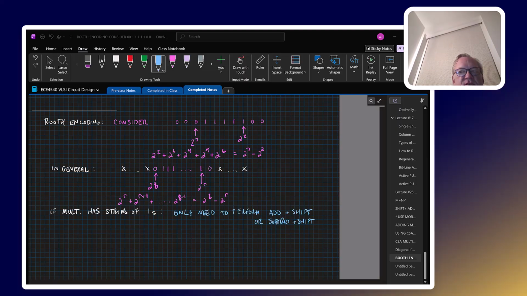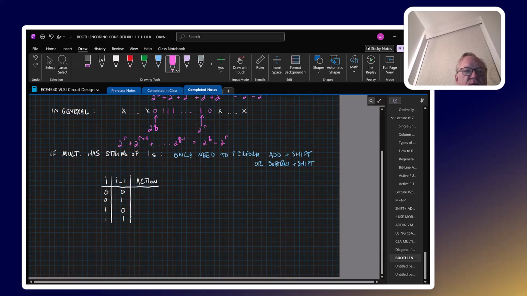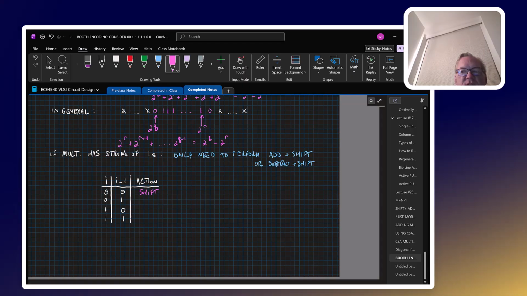And so that leads us to the Booth method, or the radix 2 method. What we're going to do is look at the current and previous bit of a multiplier. So here we're looking at the current bit i and the previous bit i minus 1. And depending upon the combination of the two bits, we're going to do the following things. If it's 0, 0, we're going to shift with no addition. If the current bit is 0 and the previous bit was 1, we're going to add the multiplicand.